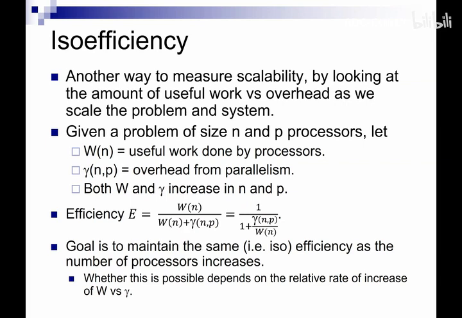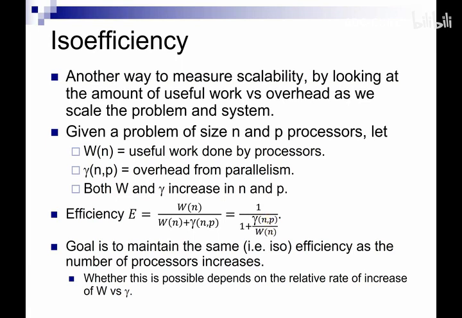How can we do this? Well, this overhead here is increasing as you increase the number of processors, but if we can increase W also, then perhaps we can keep this fraction the same. We can keep gamma divided by W the same as you increase p. If you increase W at the same time, then maybe you can keep this fraction the same.